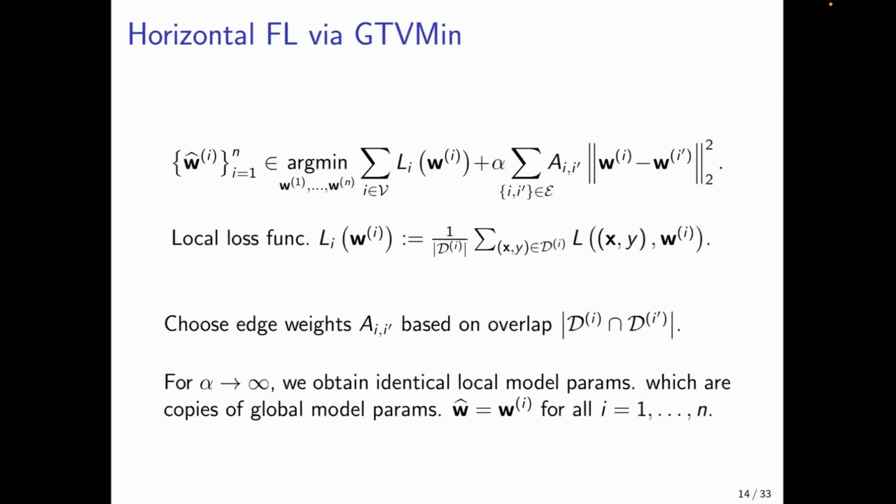So in horizontal federated learning, we might use this overlap of the local data sets as a choice for the edge weights. So in horizontal federated learning, we use the overlaps of local data sets to construct the edge weights. And we put larger edge weights between two local data sets if they have many data points in common.